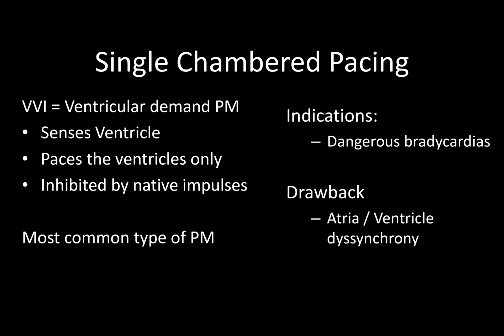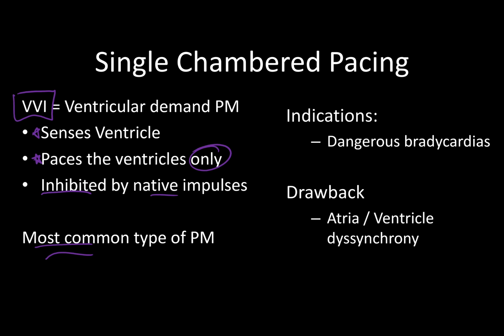Let's look a little bit closer at single-chambered pacemaking, because this is the simplest version that we have, and you can build upon it accordingly. So in single-chamber pacemaking, the most common by far is going to be your VVI, where it senses the ventricle, it paces the ventricles only, and it is inhibited by native impulses.